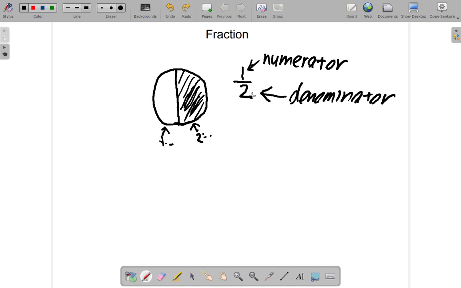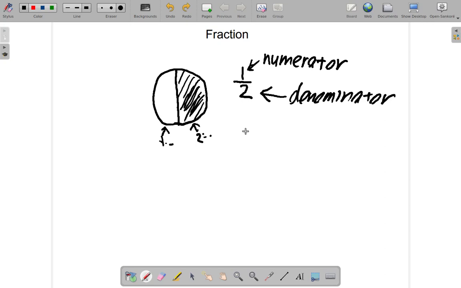This is telling you how many equal parts you're looking at, because you divide this into a number of equal parts. The numerator is telling how many of them I'm examining right now, how many I'm interested in. In this case, how many I shaded. So I shaded 1 part out of 2 equal parts. So I have this as a fraction, which is called a half.